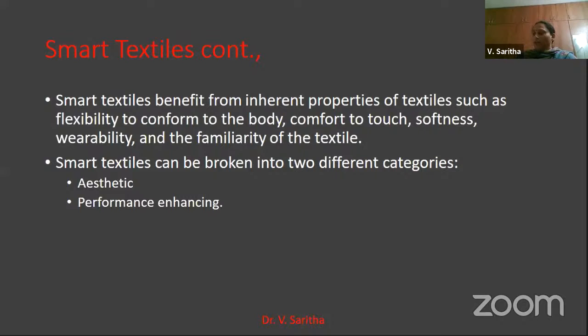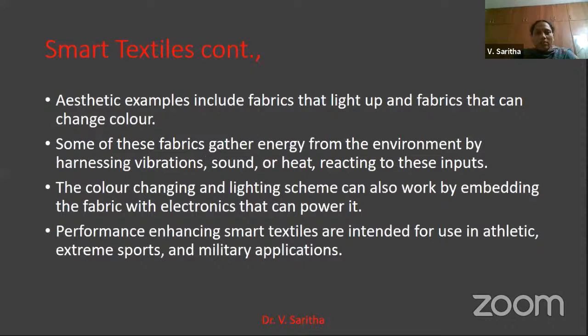Similarly, as I told you before, it should be as comfortable as we wear our normal traditional clothes, and at the same time the more advantage of smart textiles will come into picture, as whatever we want to make can be incorporated into any kind of fiber. Then there are two different categories in smart textiles, that is aesthetic and performance enhancing. So we'll see what this is.